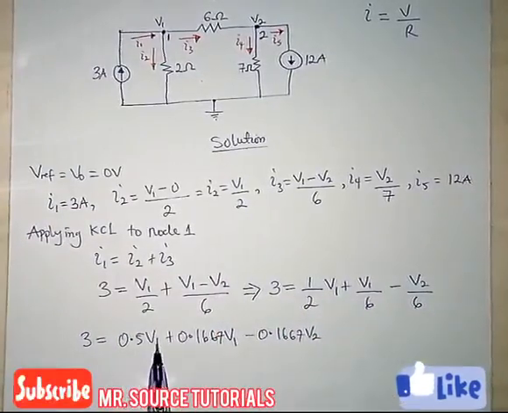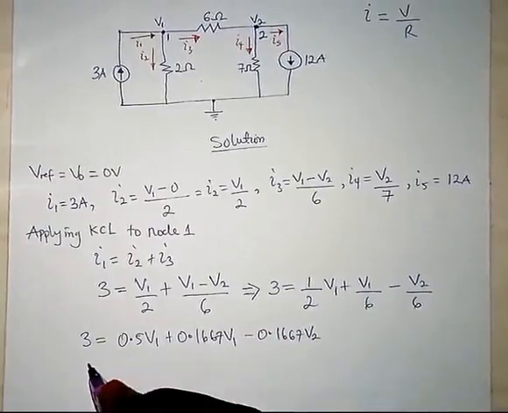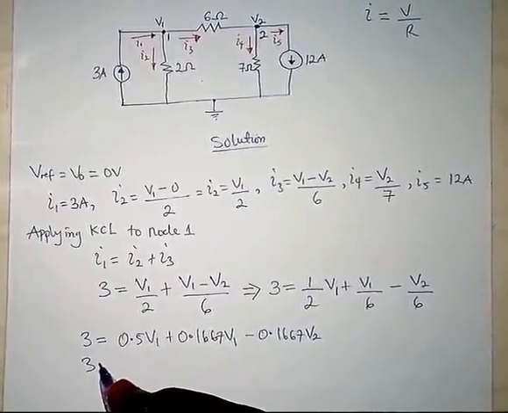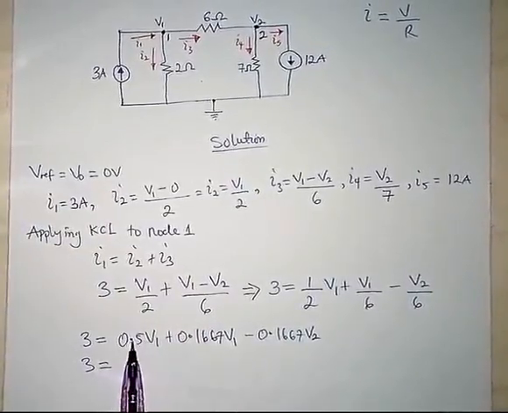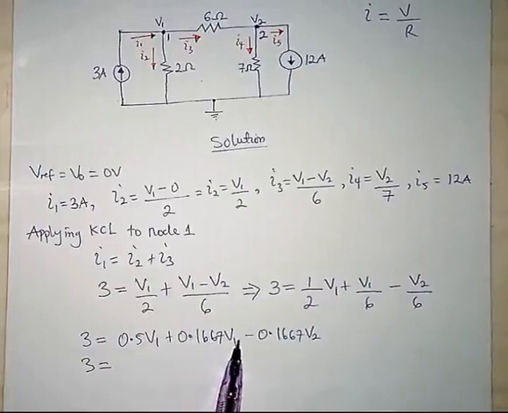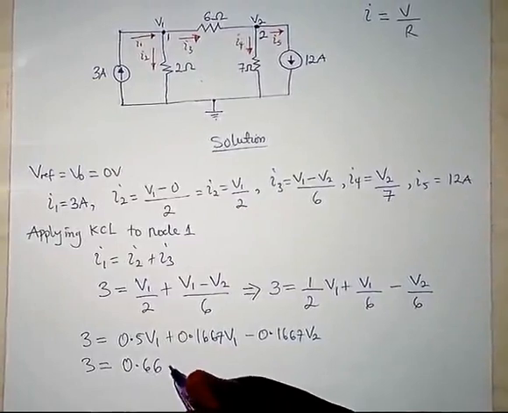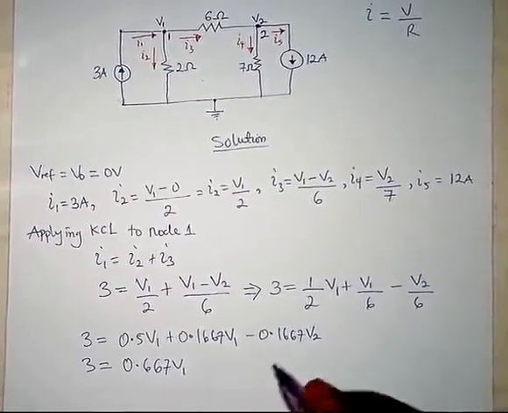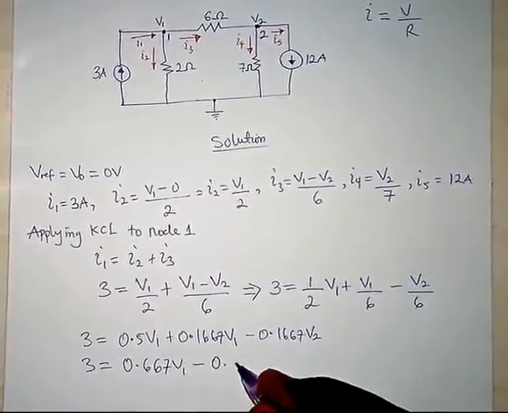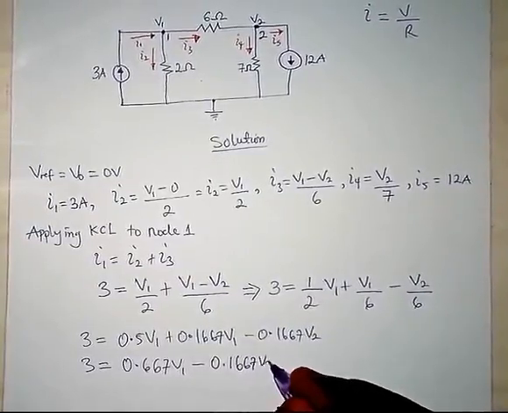So now you see that you have V1 here, you have V1 here, summing them up together is going to give you 3 equals 0.5 V1 plus 0.1667 V1, which gives 0.667 V1, minus 0.1667 V2.